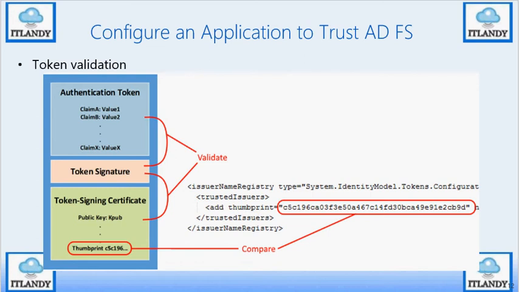We said the authentication type could be claim 1, 2, 3, 4, 5, and the token signature and signing certificate thumbprint. We do the validation, compare the thumbprint against the information stored, and the thumbprint is stored in web.config.